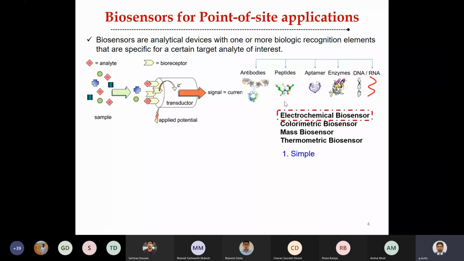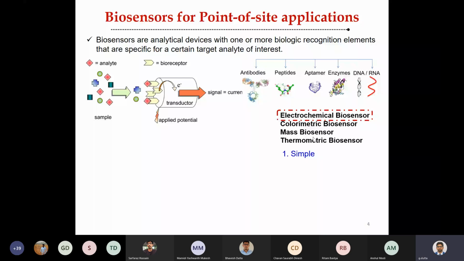Among them, in this course I'm trying to focus on some very simple techniques, because if we cover all the techniques, it is very difficult to cover everything within this semester. Right? We cannot cover everything. So I will focus on one very important technique, the electrochemical technique.